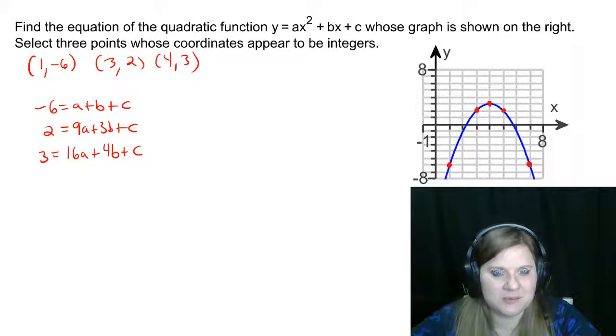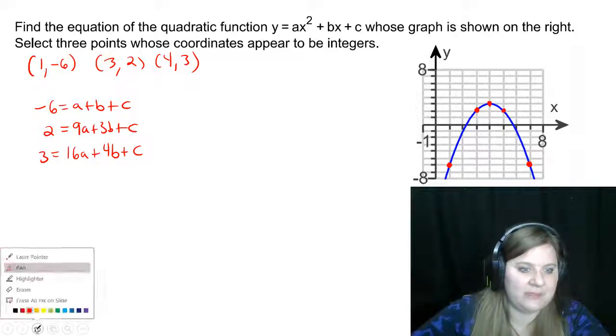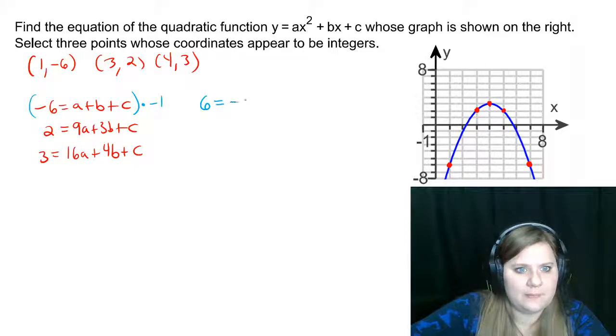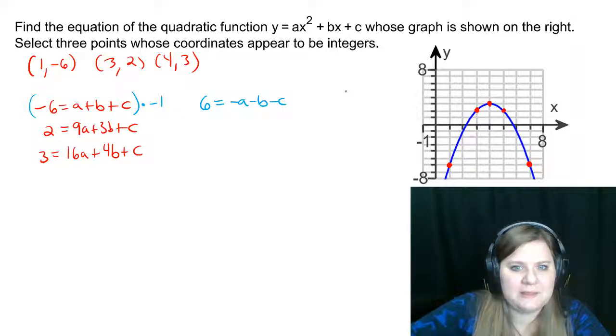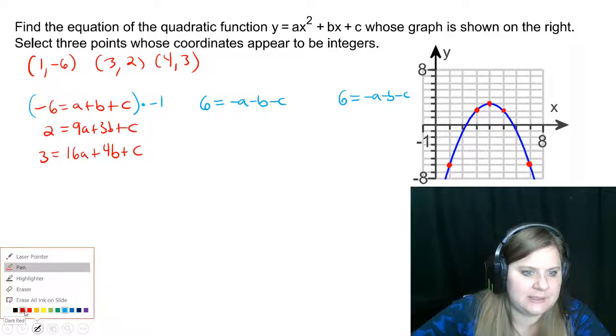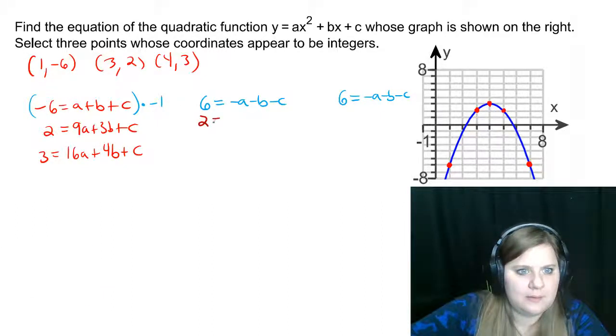Now, in order to solve this, I'm going to get rid of the c first. So I'm going to multiply through this first one by negative 1. And that's going to be for both simplifications, because both of my other ones here have a positive c.